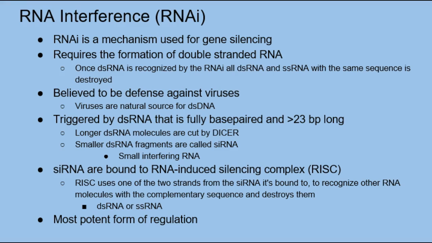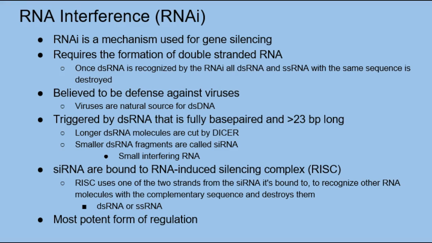RNAi is believed to be a defense the body created to act against viruses, because viruses are the natural source for double-stranded RNA. RNAi is triggered by double-stranded RNA that is fully base paired and greater than 23 base pairs long.